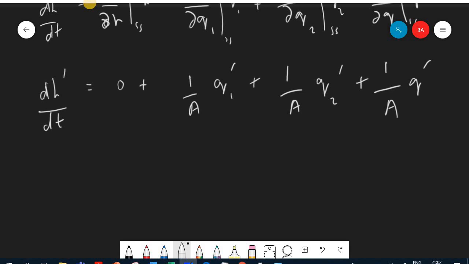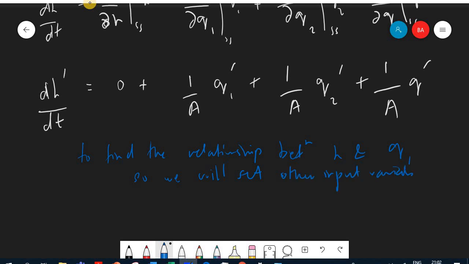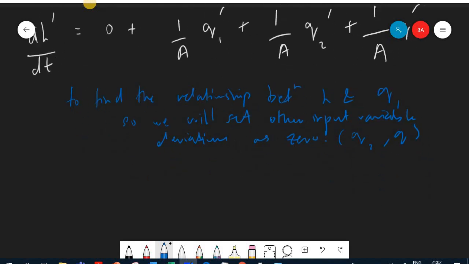Since we want to find the relationship between H and Q1, we will set the other input variable deviations to 0, meaning they are not changing, which includes Q2 and Q. In this case, I'm going to have just dH prime by dt.